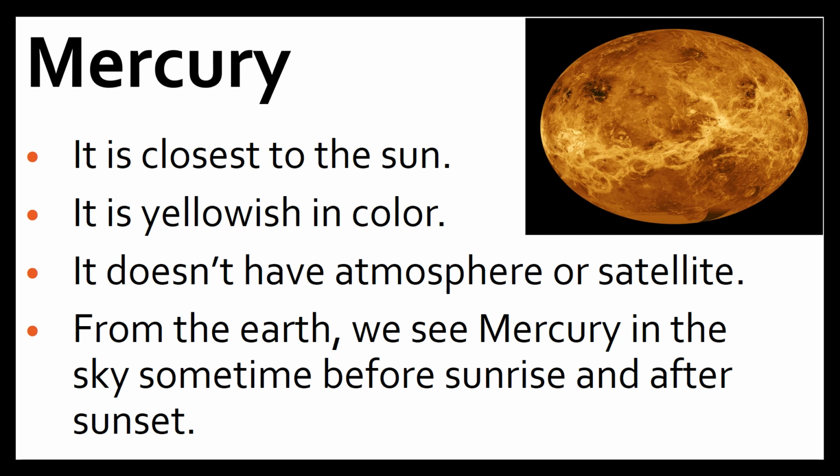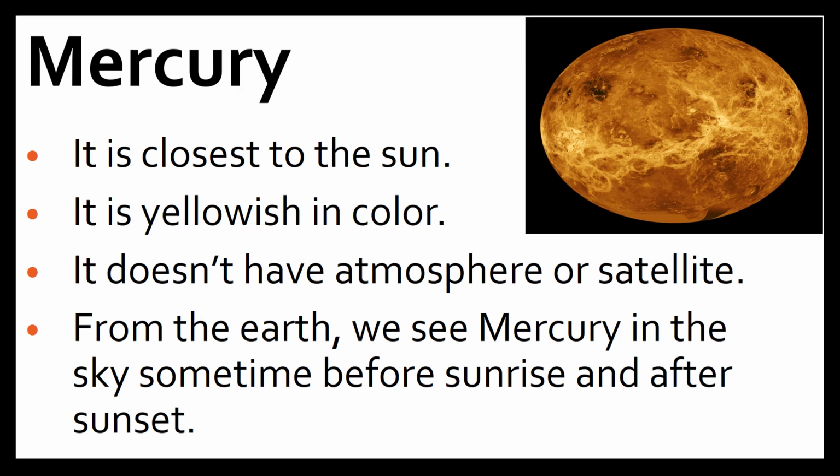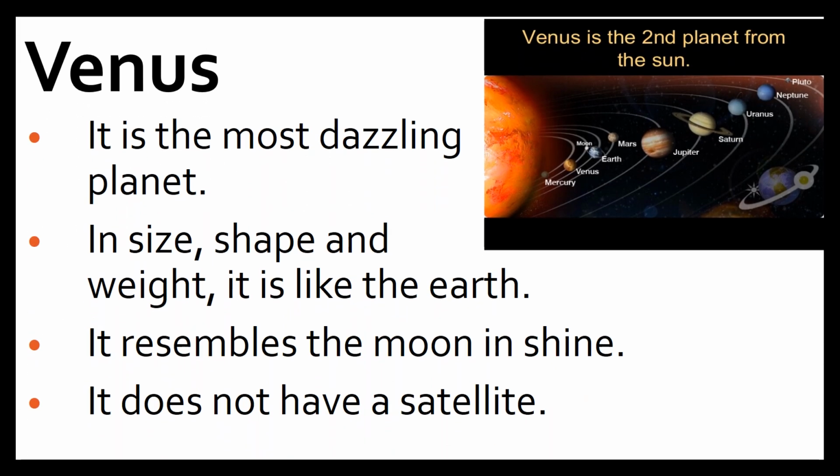Now, let's see the second planet in the line, and that is Venus. Venus is very special in the solar system as it is the most dazzling planet.